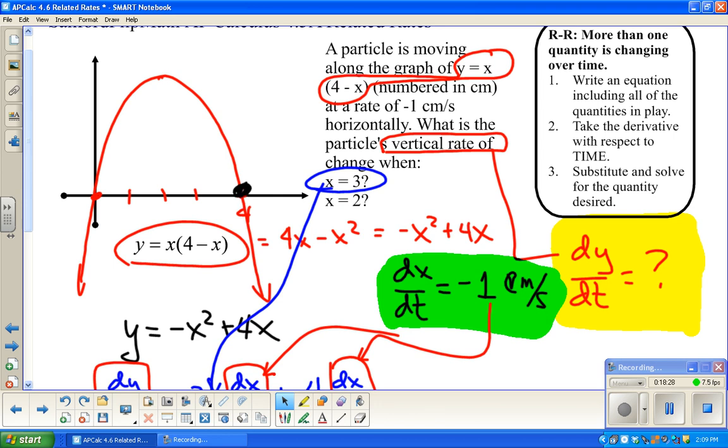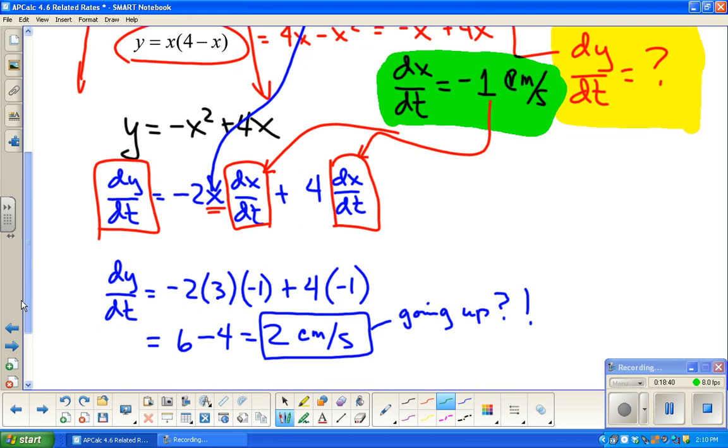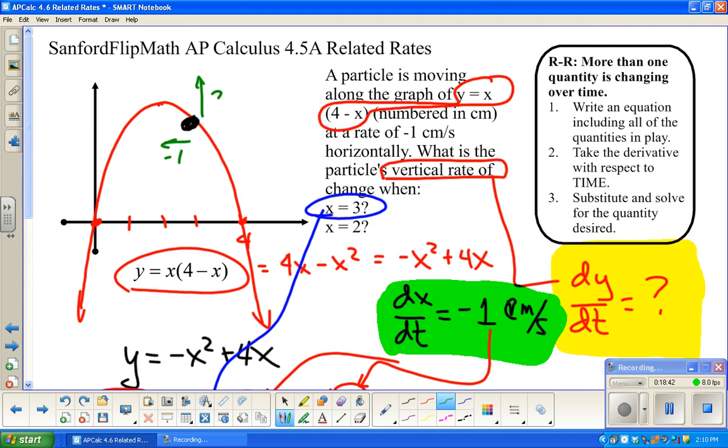So as I'm going to the left, when I get to x equals 3, I'm going to the left at -1, but I'm also going up at, what was it, 2. Yeah, up at 2. So that's the context of the situation. That's what's going on.